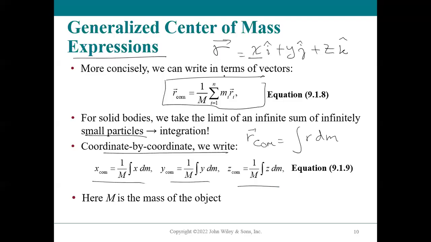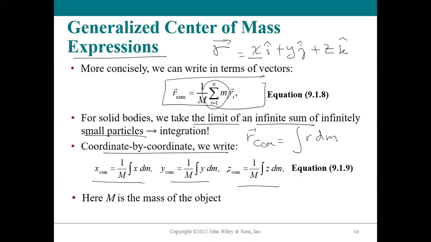From the discrete sum like this, you can use an integral for a continuous body. For the continuous body, when we take the limit of the infinite sum, we can say that it is the integral of x dm divided by M, integral of y dm divided by M, and then integral of z dm divided by the total mass.